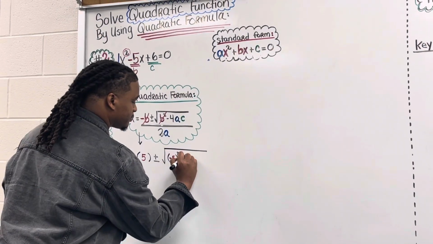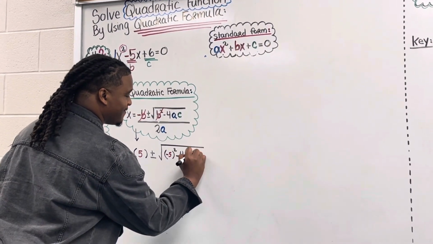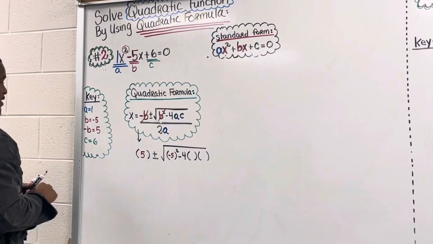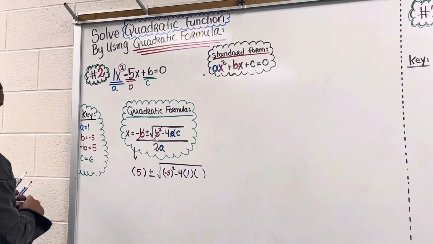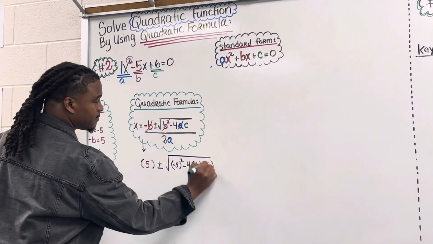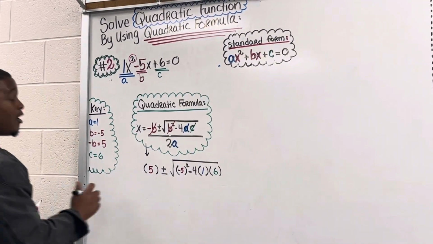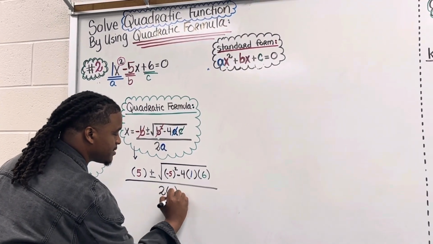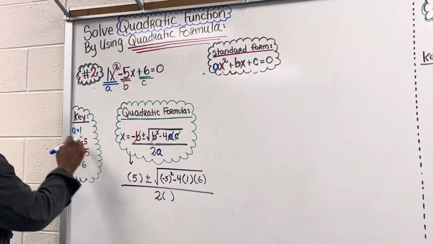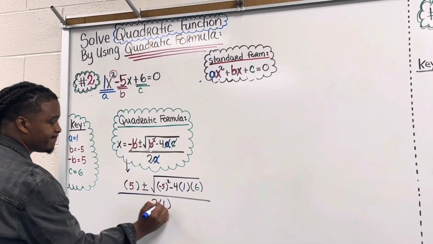Minus 4 times a times c, okay? A is 1, c is 6. All divided by 2 times a, and once again, we know that a has the value of 1, okay?